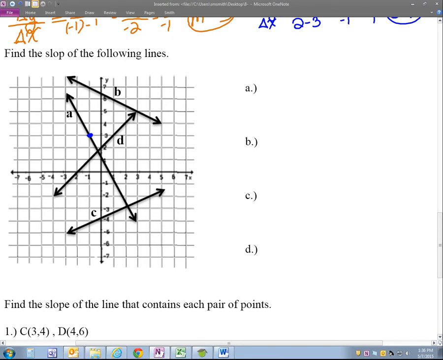Let's see. Negative 3 and negative 4 possibly. Here's one possibly. Here's one possibly. Maybe that one. So those are all the points. What are the coordinates of one of them? Negative 1, 3.